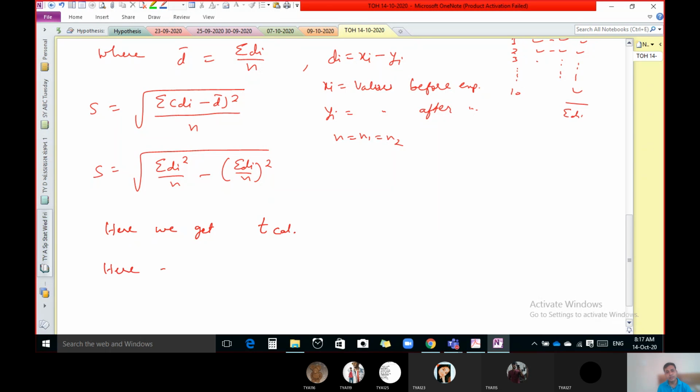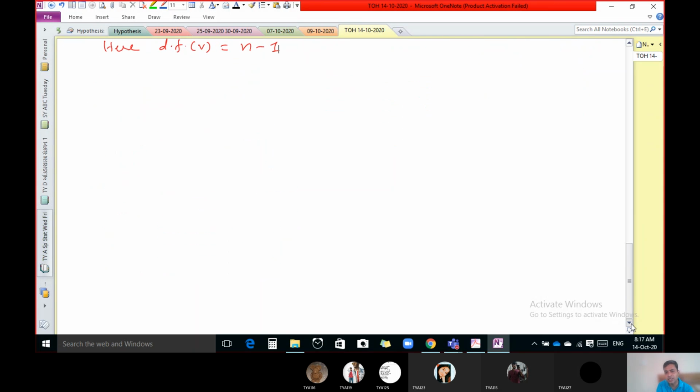Here the degree of freedom is n minus 1. That is the end of step 2. Steps 3, 4, 5 are the same as the previous test. Alpha, that is your step 3. T-tab, that is your step 4. And decision, that is your step 5. That remains the same. Let us do one example to get a better idea about this test.